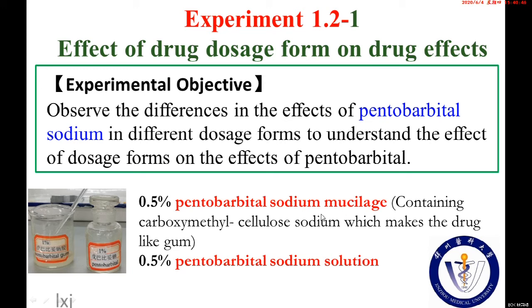This mucilage contains carboxymethyl cellulose sodium, which makes the drug like gum. This is mucilage. Solution and mucilage, they are the pentobarbital sodium in different dosage forms.